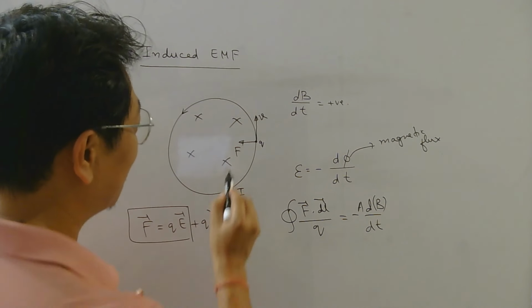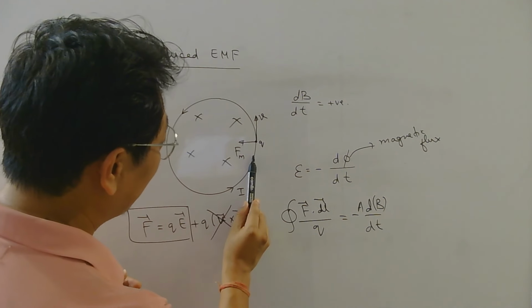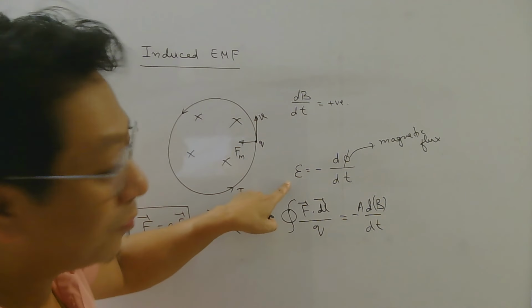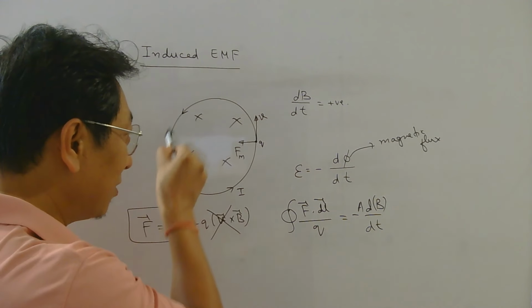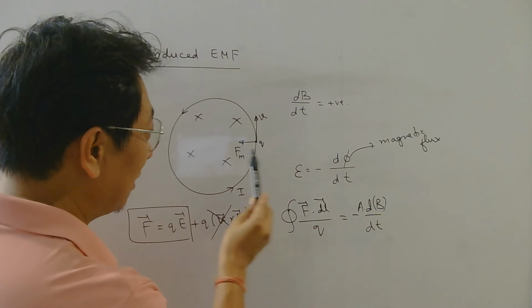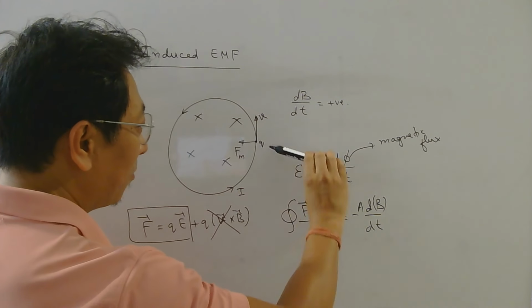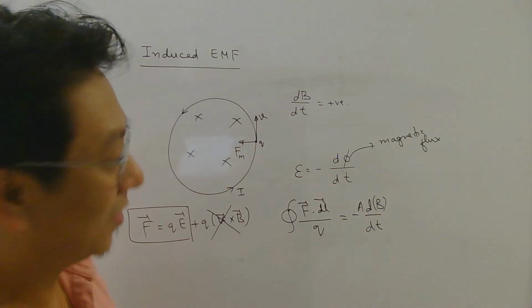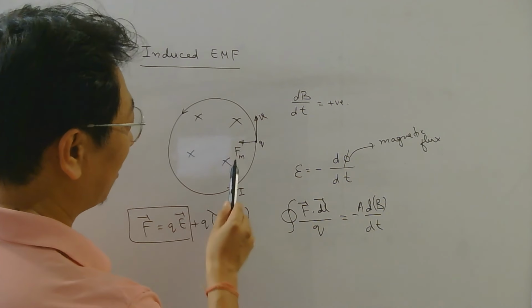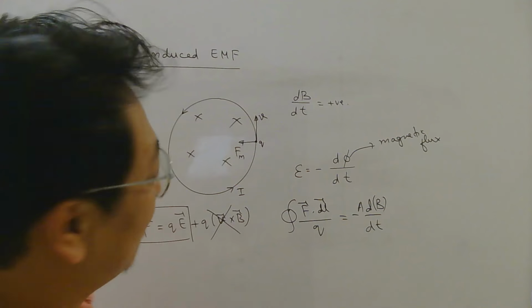However, this force is perpendicular to the loop, and whenever we calculate EMF, we calculate work done along the loop. So this dl is displacement along the loop. dl is here, magnetic force is here, so it's not going to do any work. So while calculating EMF, this force is not going to be of any use.